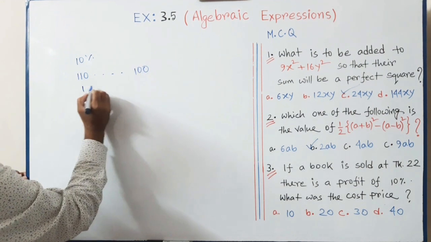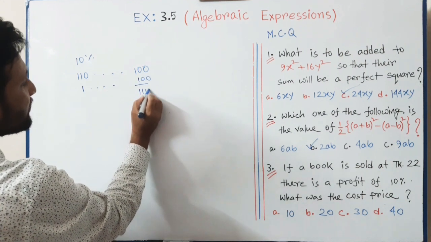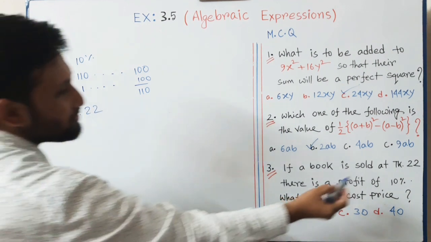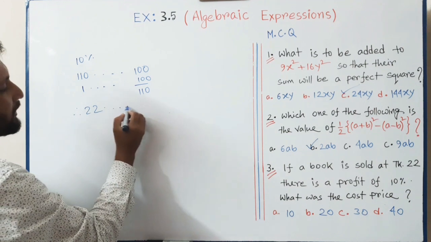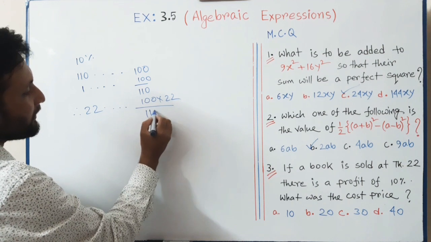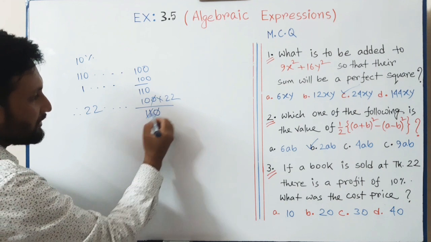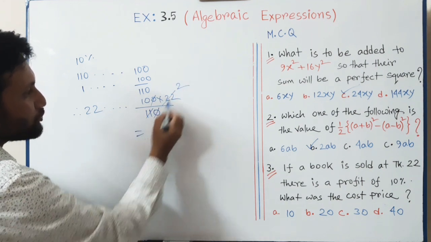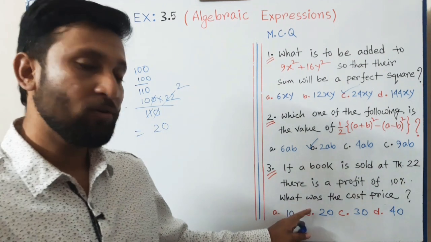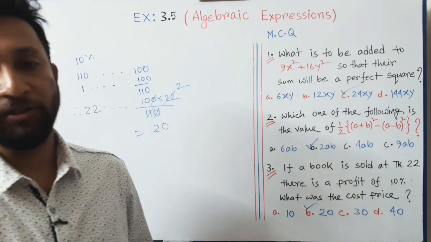So if selling price is 1 taka, then cost price is 100 divided by 110 taka. If selling price is 22 taka, then cost price will be 100 into 22 divided by 110 taka. By calculation, 0 and 0 cancel, 11 into 2 is 22, so 2 into 10 is 20. So the cost price of the book is 20 taka. Okay, I hope everybody is clear.